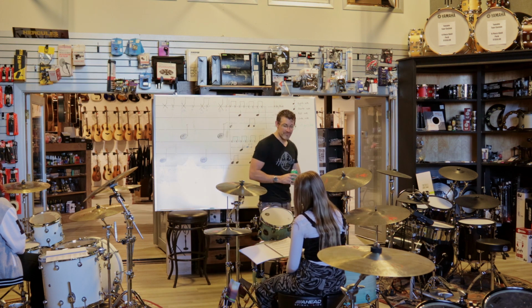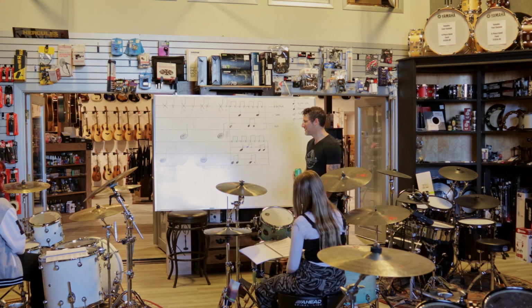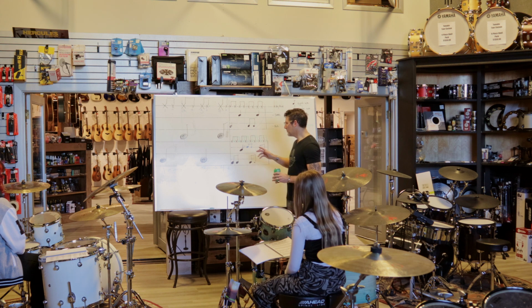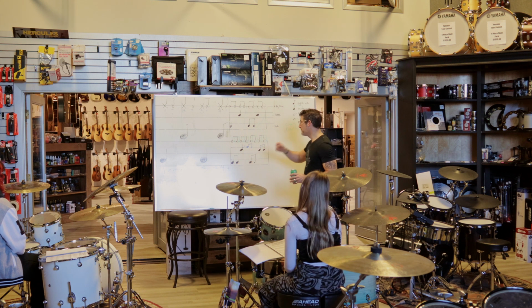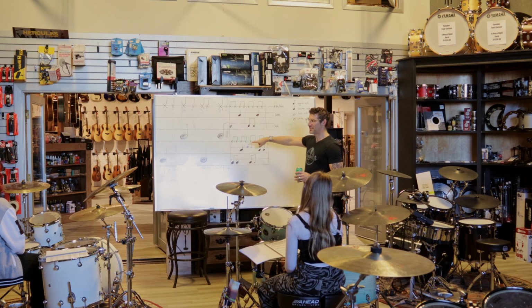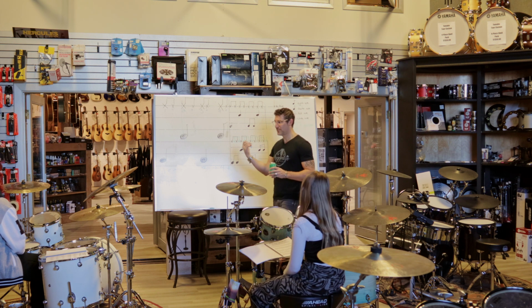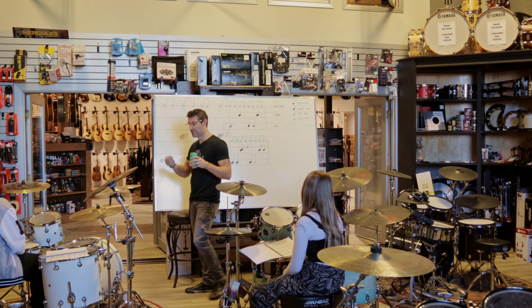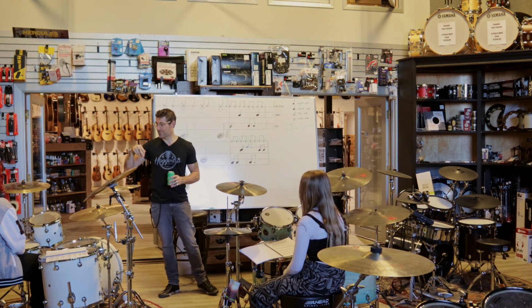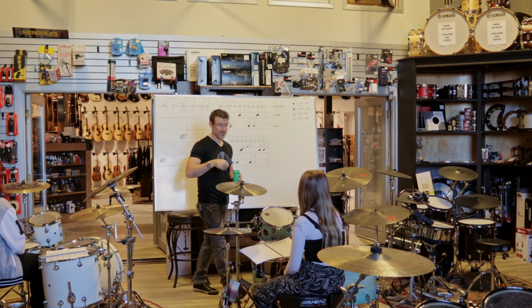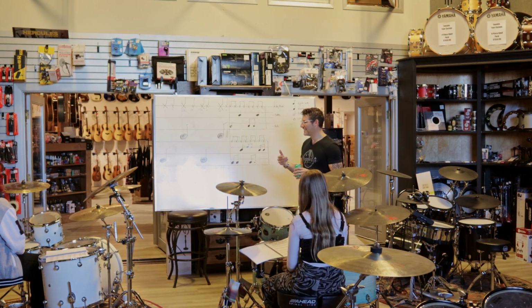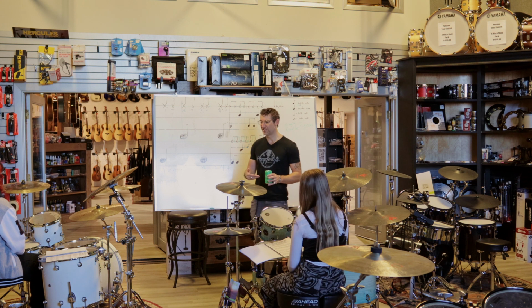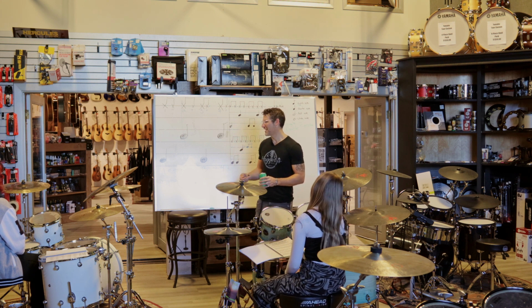Okay, so 16th notes. 1 E and a, 2 E and a, 3 E and a, 4 E and a, right? Da, da, da, da, da, da, da. So sometimes we play that with both hands. There's some cats who do it with one hand, with a double stroke. It depends what the beat's asking you to do and what else you have to do with your other hand.